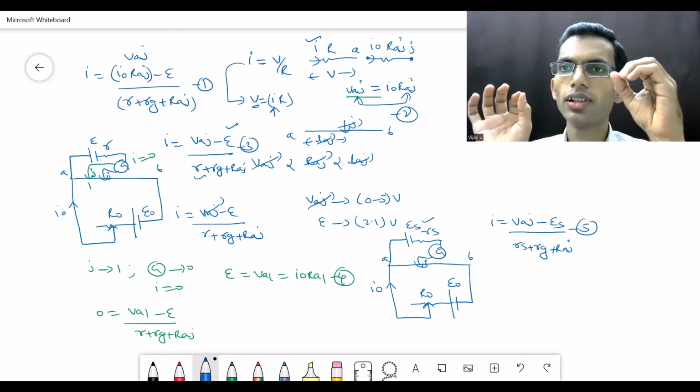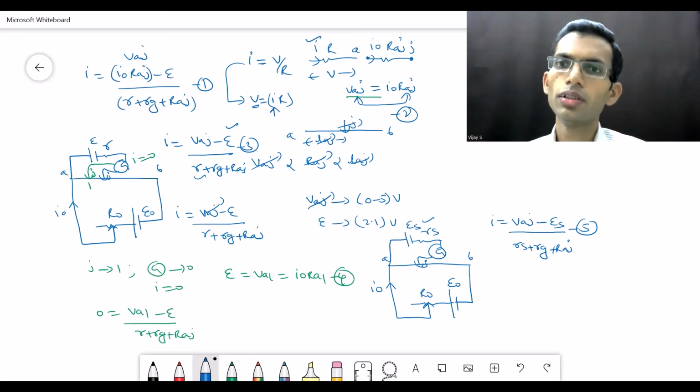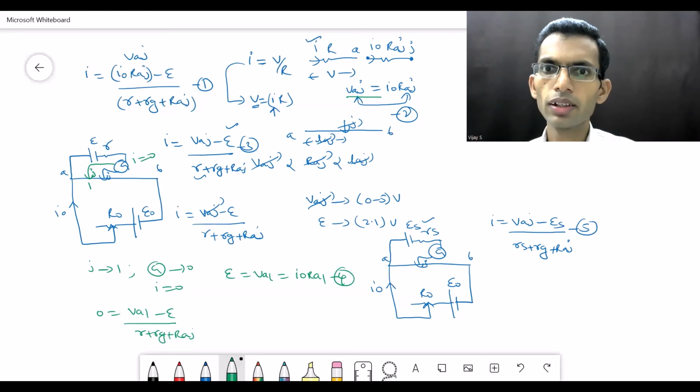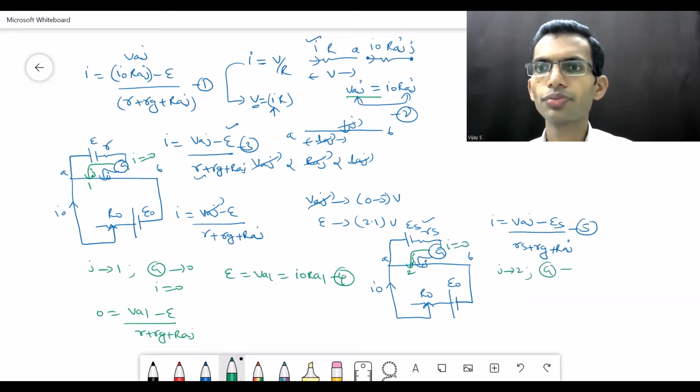Let us say that position is 2, at which the galvanometer shows 0 deflection. So when we substitute these values into the above expression, we get 0 is equal to VA.